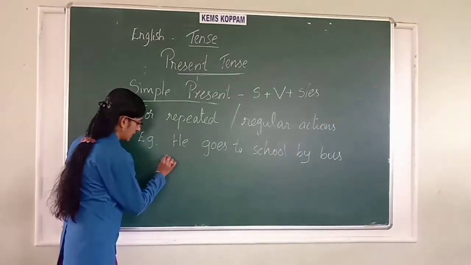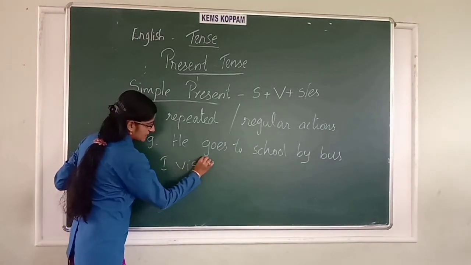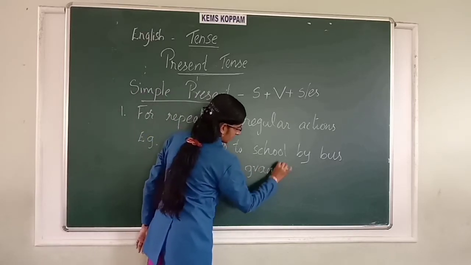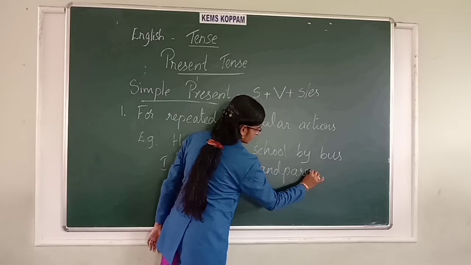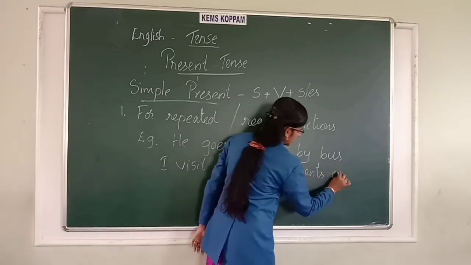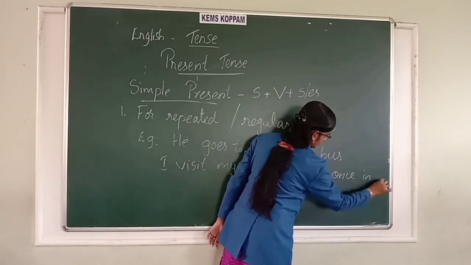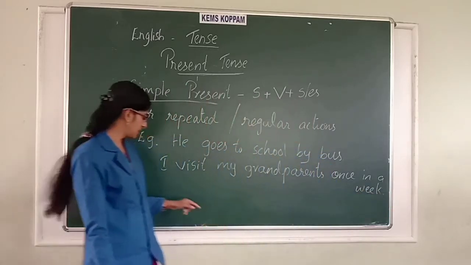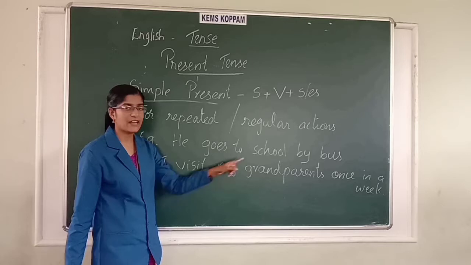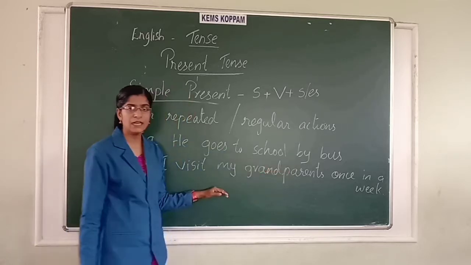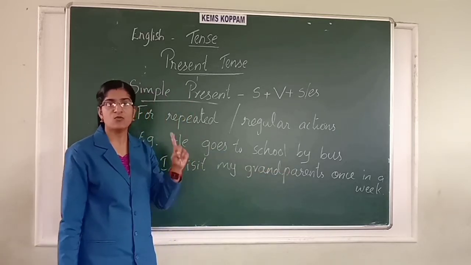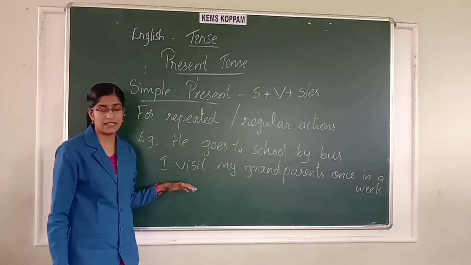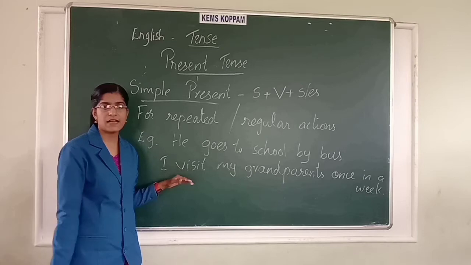Another one. I visit my grandparents once in a week. Clear? I visit my grandparents once in a week. So every week, one day I visit my grandparents. It is a repeated action.